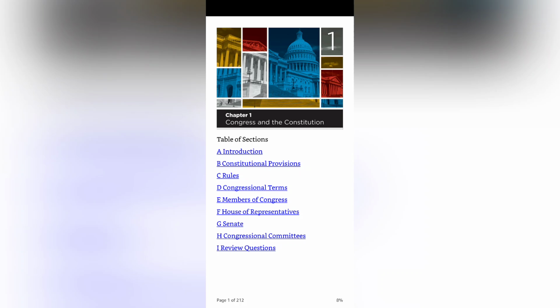This is often referred to as the elastic clause because it gives flexibility to Congress beyond the powers that are separately enumerated. An example of an early use of the elastic clause was the justification for the Louisiana Purchase in 1803, roughly doubling the size of the United States at the time.